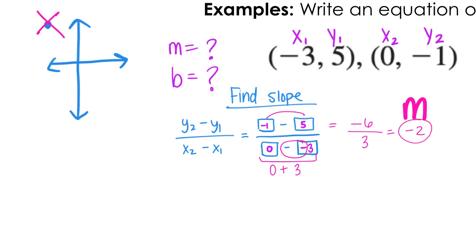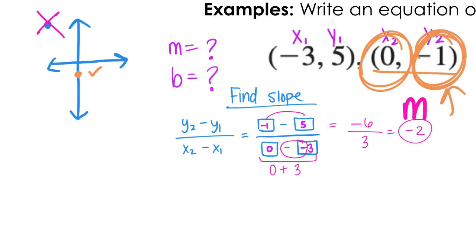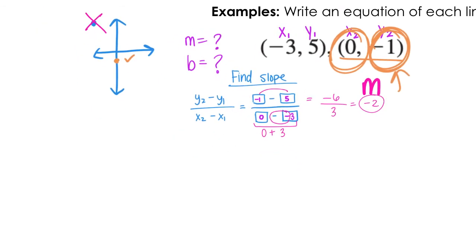But if you graph that second one, 0, -1, that would be right here. This is the y-intercept because that x value is 0. Anytime your x value is 0, that means it's going to hit the y-axis. So that means our y-intercept is just -1. It's going to be whatever that number is next to the 0. So that means b equals -1.